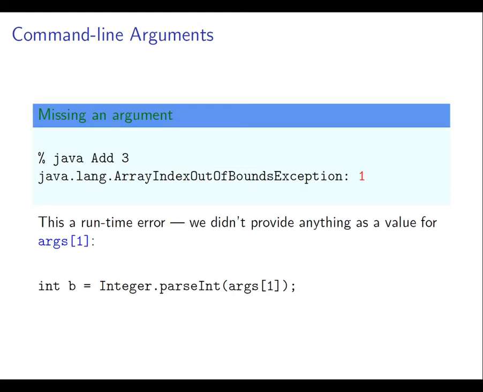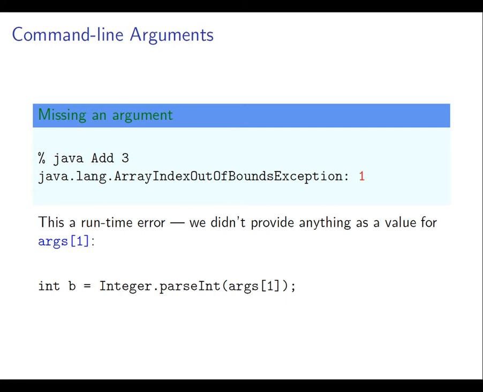What happens if we miss an argument? Well, we don't get some clever kind of partially instantiated program. What we get is an error. If we don't provide anything as a value for args[1], and then our program tries to use something that it expects to get from args[1], as it does in our int b line, the Java interpreter will complain.